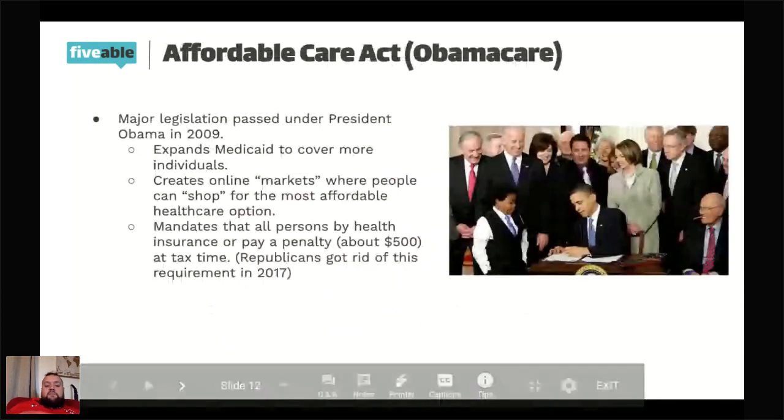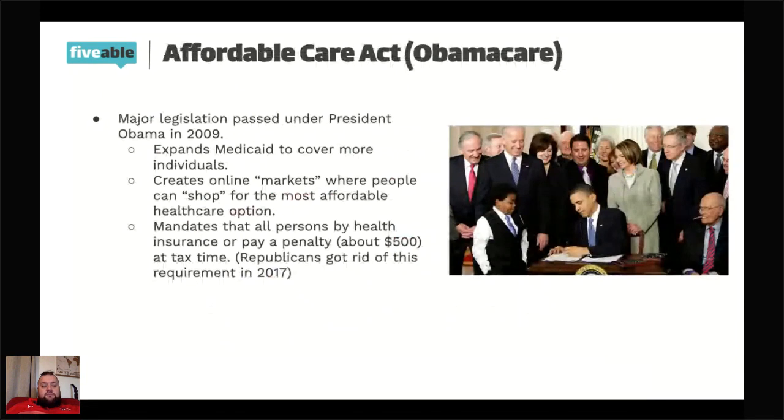So the other big healthcare program then became the Affordable Care Act, or what many people just know as Obamacare. It was the major health legislation and one of the major pieces of legislation under President Obama that was signed in 2009. It expanded Medicaid to cover more individuals, basically because they raised the income requirements.